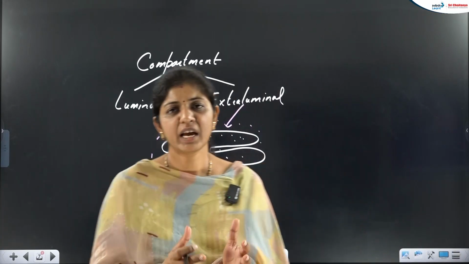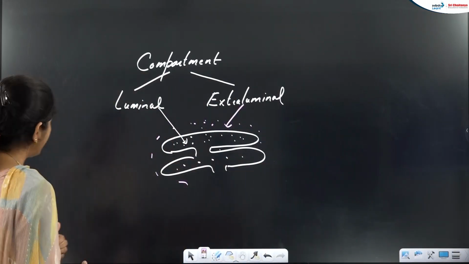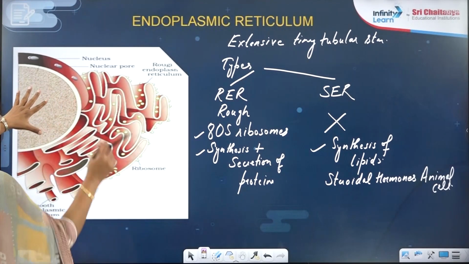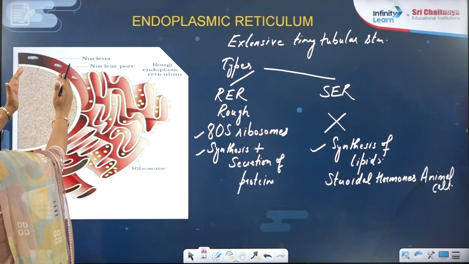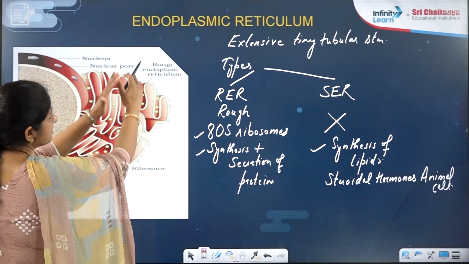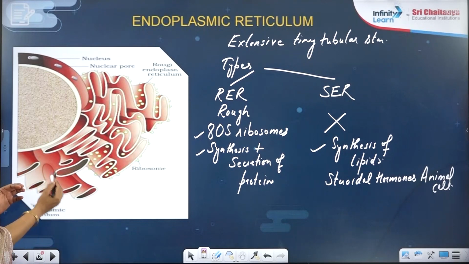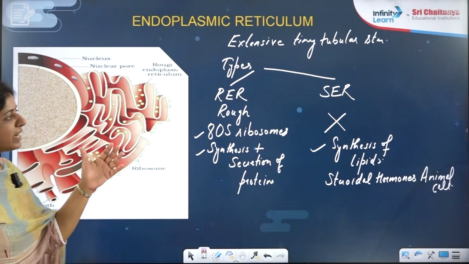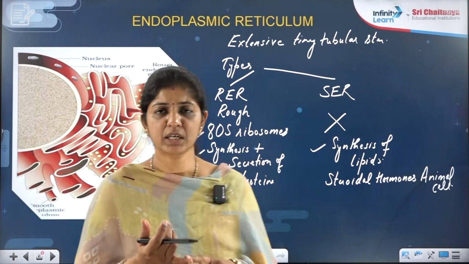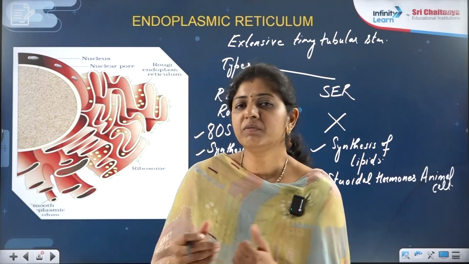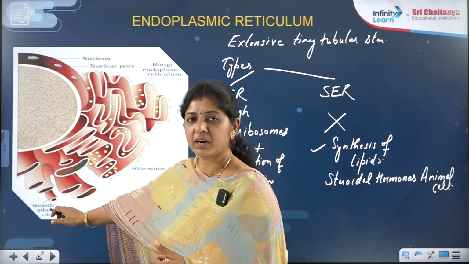So this is the type of thing you should remember for endoplasmic reticulum. If you see the diagram of your NCERT, you will find RER is more close to the nucleus and smooth endoplasmic reticulum will be slightly away. They have shown you here in the form of tubules. Because endoplasmic reticulum will have cisternae, tubules and vesicles also here. But tubular structure will be more in smooth endoplasmic reticulum.